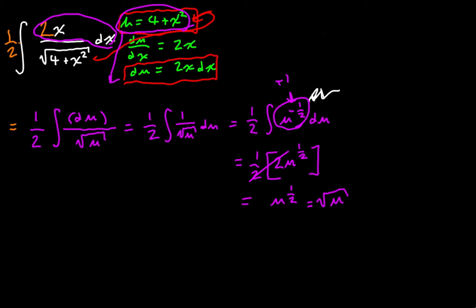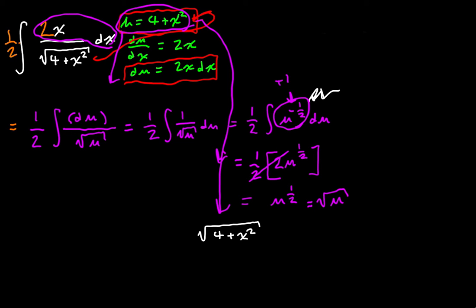But what was u, after all? Well, u is 4 plus x squared, so why not just use that, right? Because it would be nicer to have this in terms of x. So I'm going to say that our answer is going to be the square root of, what's u? 4 plus x squared. And this is indeed going to be the antiderivative of our original function.